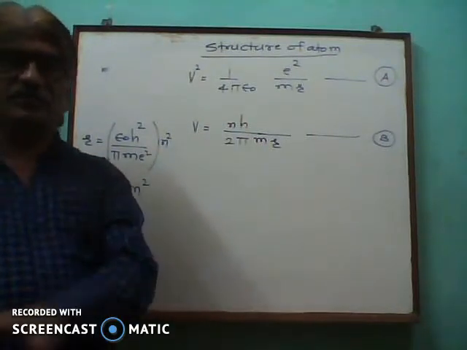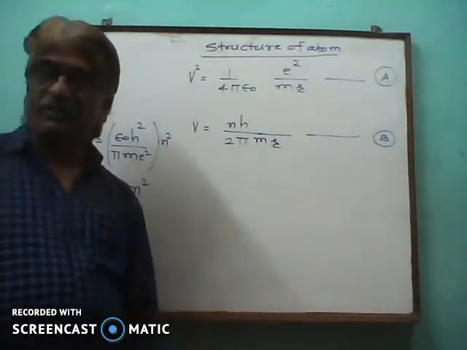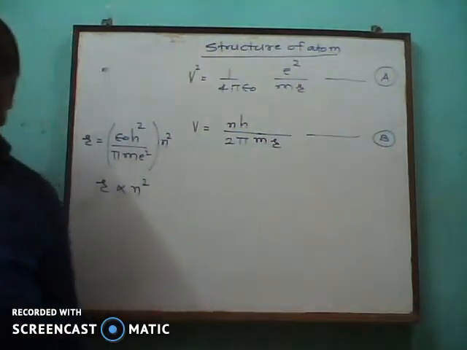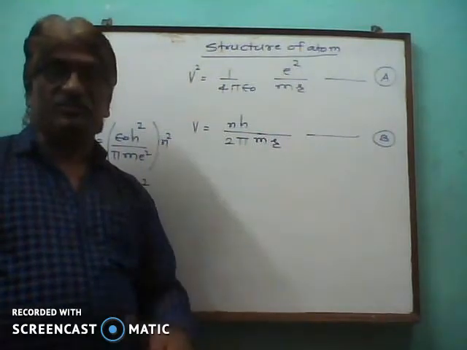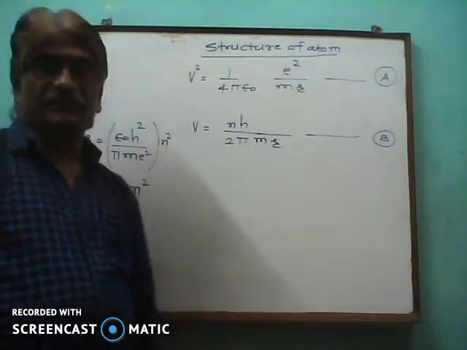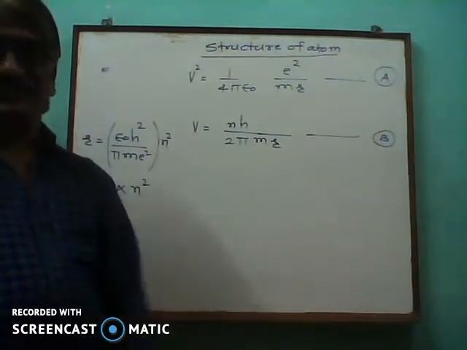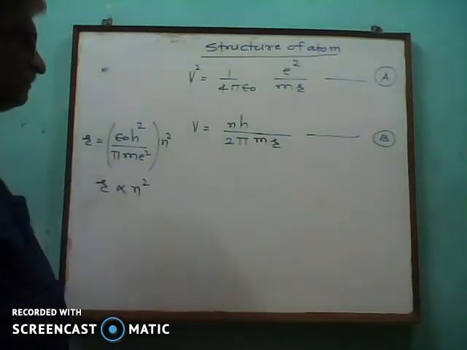The same procedure was there in the previous question for radius and in this question for velocity, with a minor change. What minor change is there?